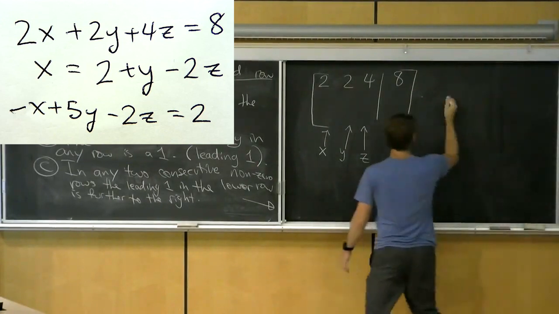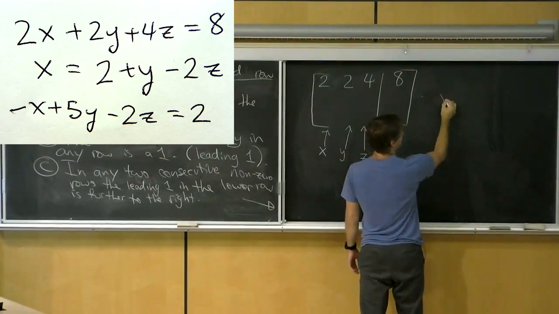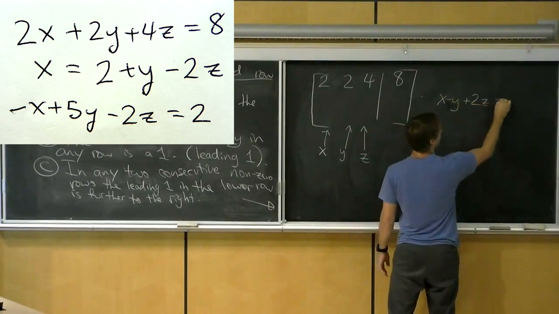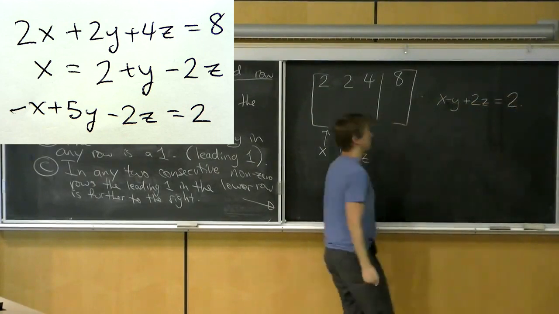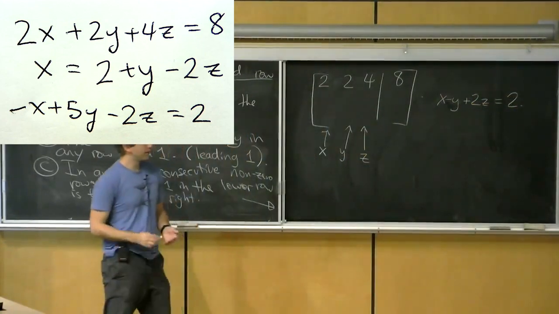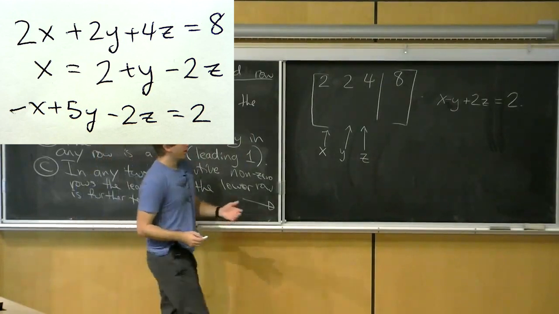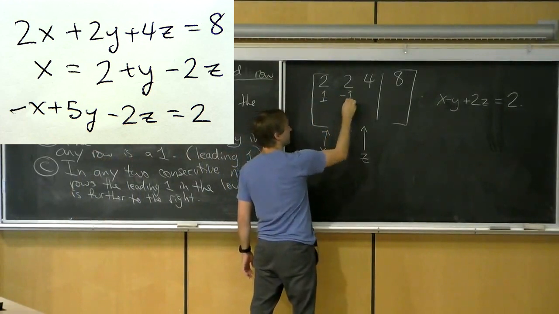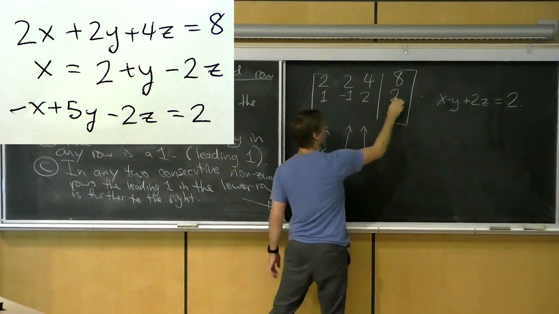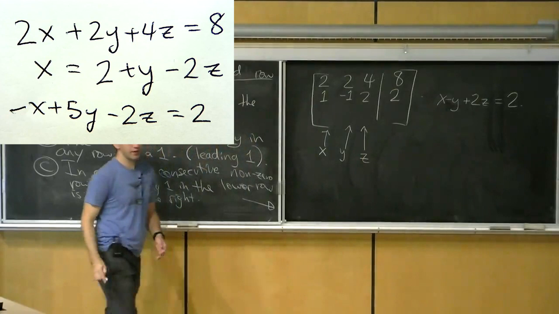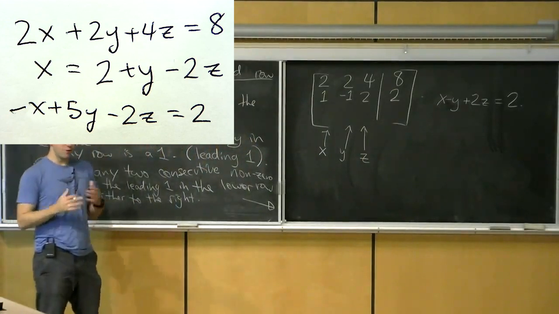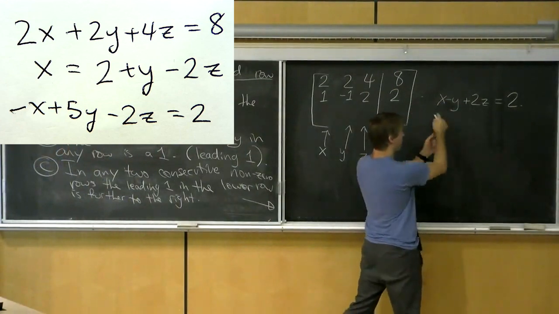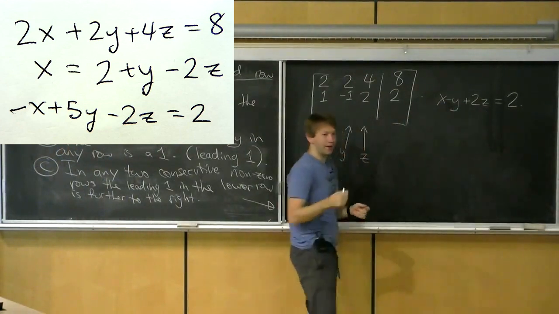So in other words, my second equation is the same as x minus y plus 2z equals 2. Right? And then I can put my coefficients in the matrix. So this is one thing not to get scrambled on. If these are all mixed around, you want to get x, y, and then z.